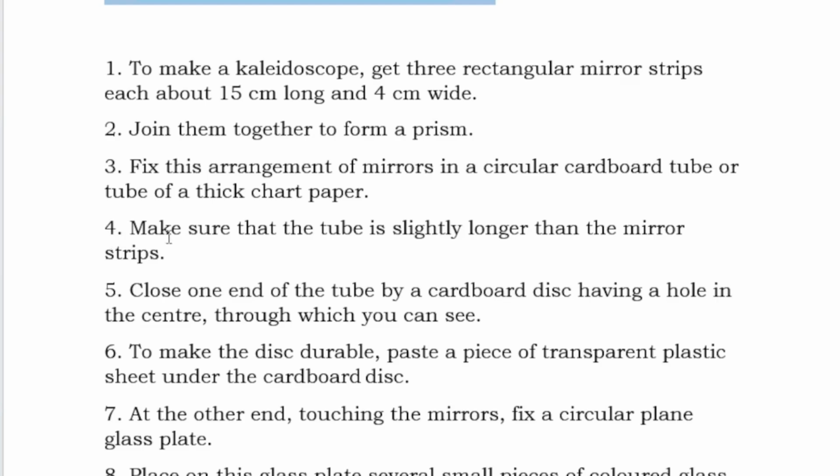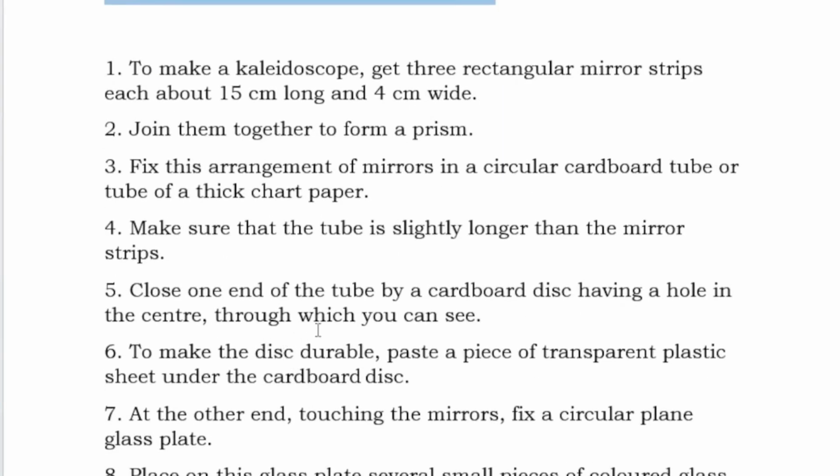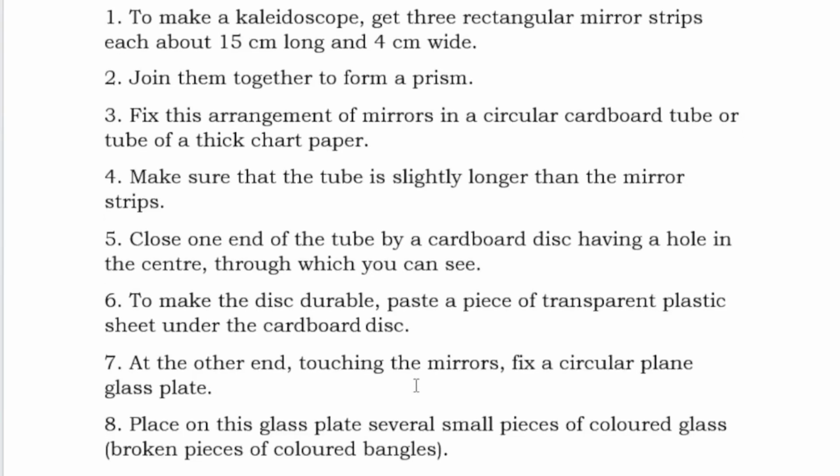Make sure that the tube is slightly longer than the mirror strips. Close one end of the tube by a cardboard disc having a hole in the center, like this, through which we can see. To make the disc durable, paste a piece of transparent plastic sheet under the cardboard disc.